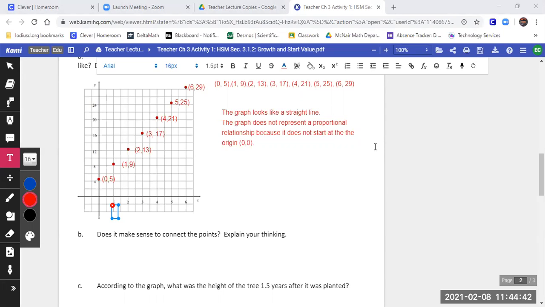What do those numbers at the bottom stand for? The years. Okay, so we're going to add that into our graph. So this is the number of years since planted, right? What do the side numbers mean again?